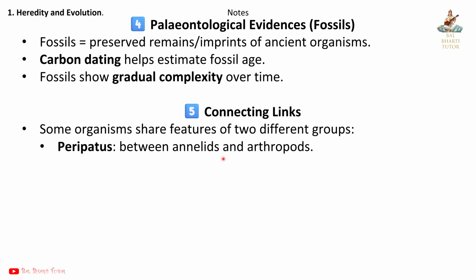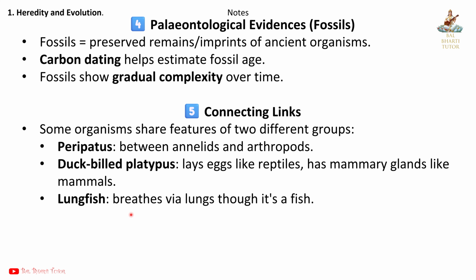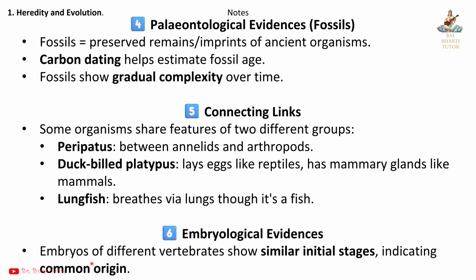Peripatus between annelids and arthropods. Duck-billed platypus lays eggs like reptiles, has mammary glands like mammals. Lungfish breathes via lungs, though it's a fish. Sixth, embryological evidences. Embryos of different vertebrates show similar initial stages, indicating common origin.